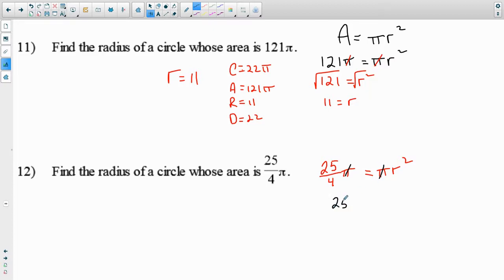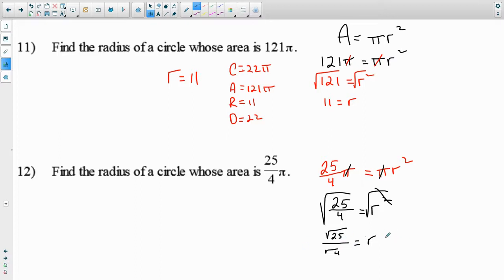I'm going to have 25 fourths is equal to my radius squared, square root, square root. Now, one thing that some of you might not know is that when you square root a fraction, we did learn this in algebra, it really means the square root of the numerator over the square root of the denominator is equal to, that cancels out, and they both happen to be square numbers.